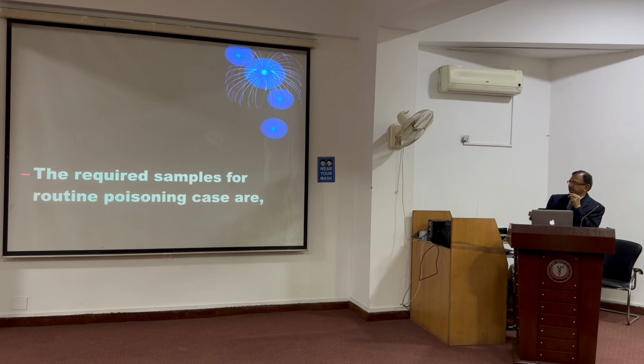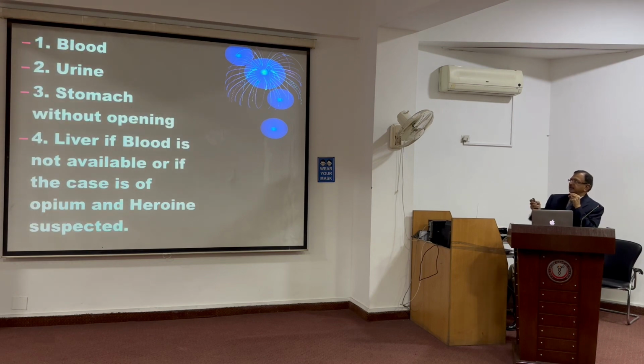The samples which are required for poisoning: blood, urine, stomach without opening, and liver if the blood is not available. So this is the present guideline, that we do not dispatch that list which we used to send previously in a case of poisoning on fresh bodies.